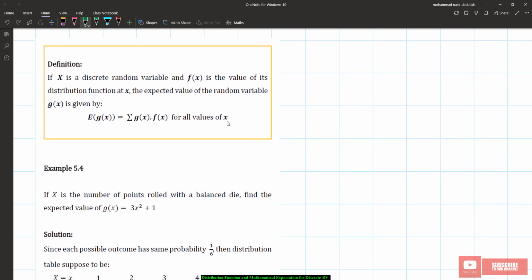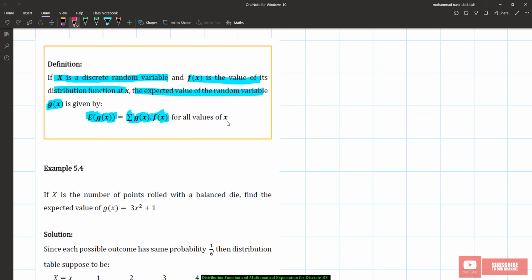Now let's look at this topic, still under expectation. Let X be a discrete random variable and f(x) is the value of its distribution function. Then the expected value of a random variable g(X) is given by E[g(X)] equal to the summation of g(x) multiplied with f(x).